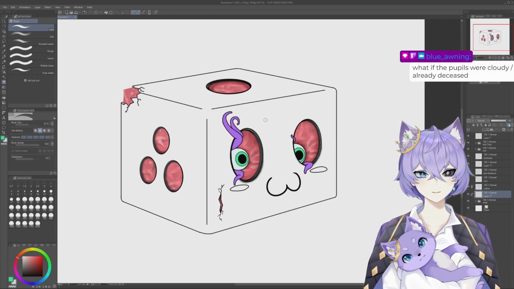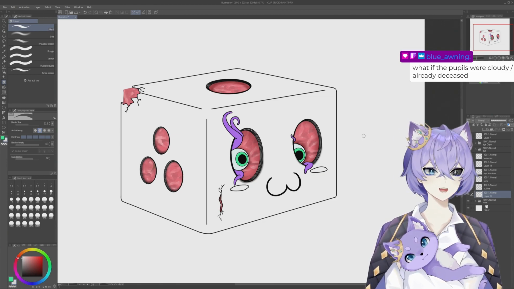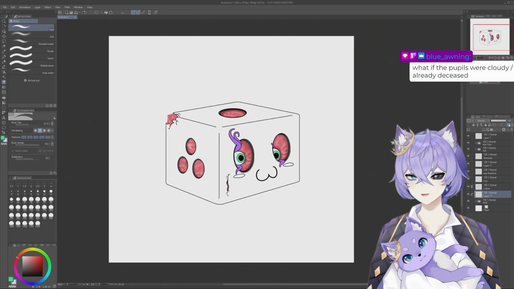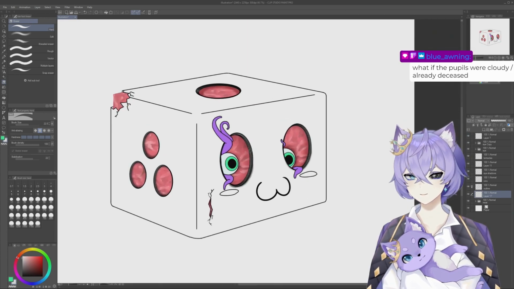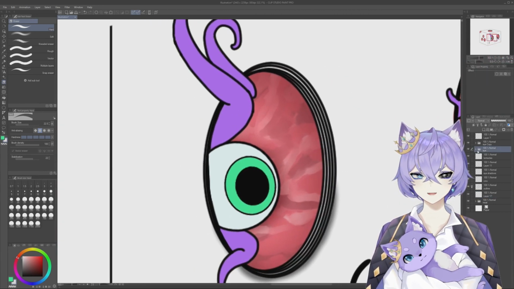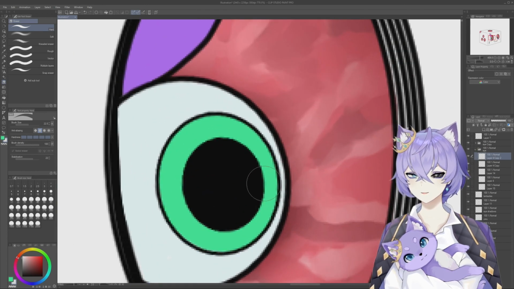Whether pupils are cloudy, already deceased. Oh, like how fish eyes go slightly opaque. That could either be really creepy or really freaking weird. Let's see.